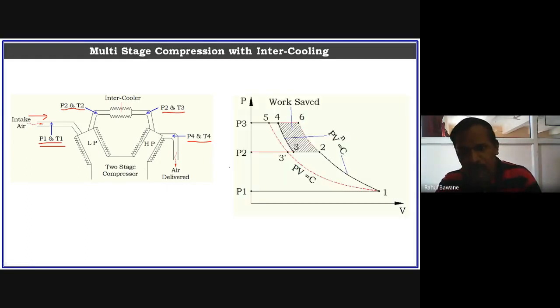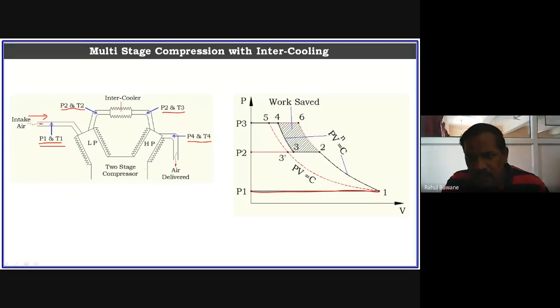If I plot on a PV diagram, the PV diagram of a two-stage compressor will look like this. When it is considered without clearance, your suction starts from this point up to point 1.